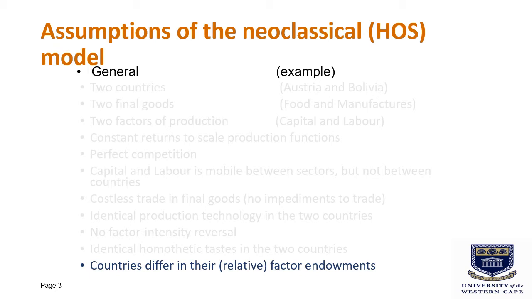Then you would say Bolivia is a labor intensive country and Austria is a capital intensive country. That would mean that Bolivia would probably produce more food relative to manufactures, and Austria might be able to produce more manufactures than food. Sorry if I use Australia and Austria interchangeably, but I meant Austria throughout the slide.